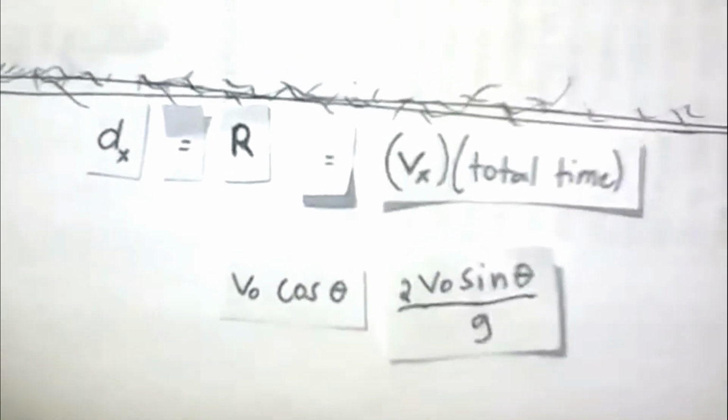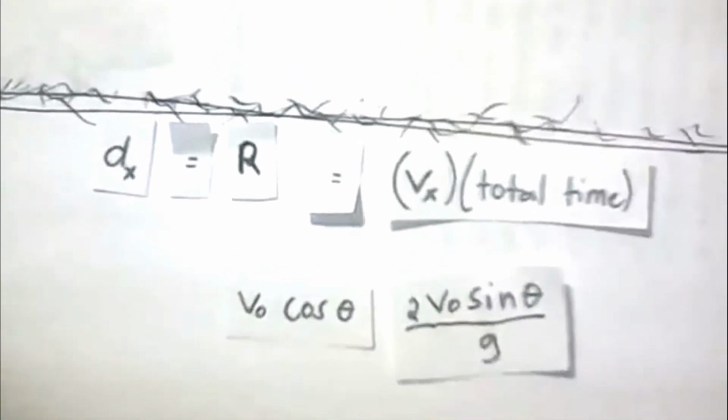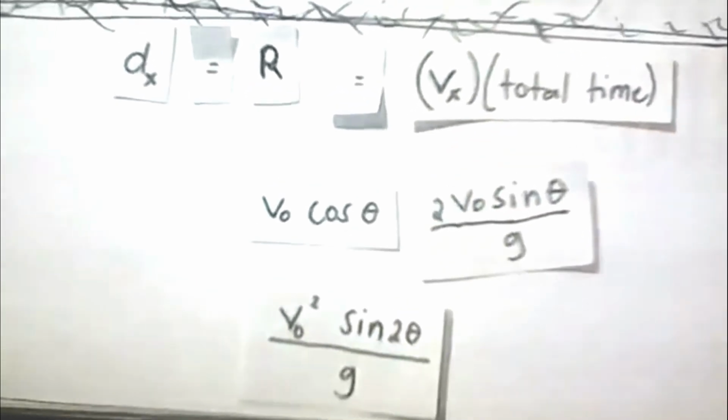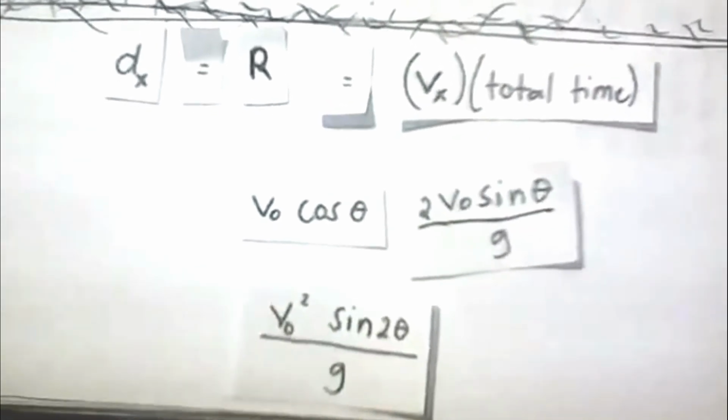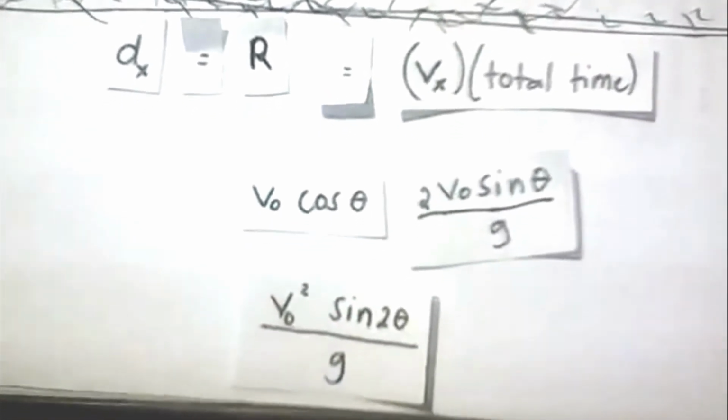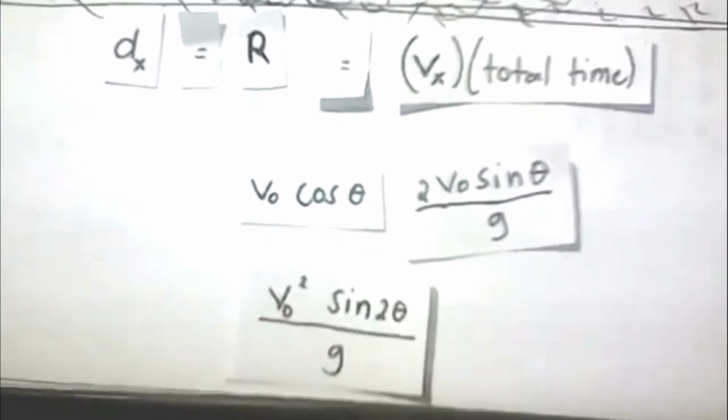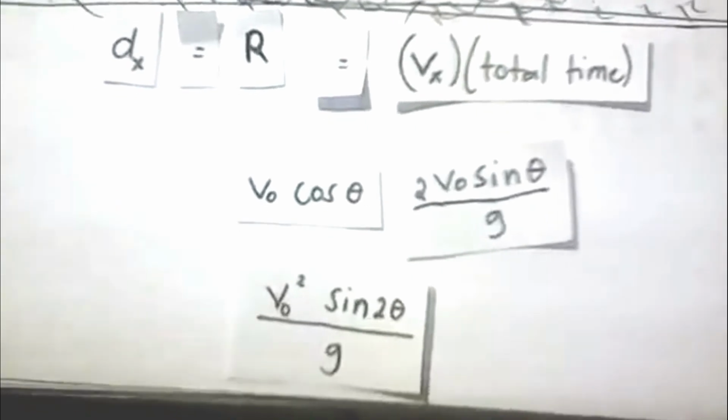If you know a little bit about trigonometry, this equation would yield V0 squared sine 2 theta all over g, and that is the distance. But if you do not know that, you'd rather have Vx multiplied by the total time, or multiplied by 2 t up. And that's how we get the maximum height and the range, the y component and the x component of an object in projectile motion.